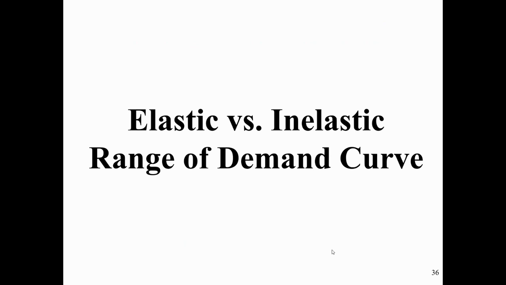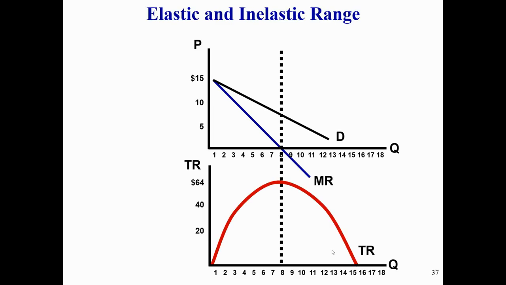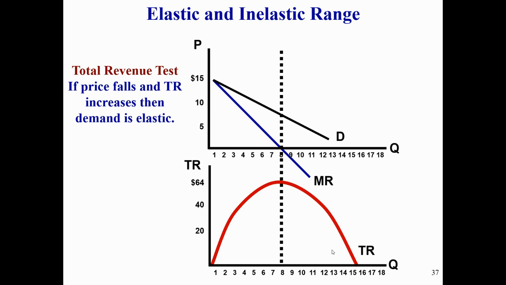Perfect. Now, yes, we do have elastic and inelastic ranges of the demand curve here for monopolies. Let's think a little bit. Let's do the total revenue test. If price falls and my total revenue increases, then the demand is elastic. Think about our equation for elasticity.